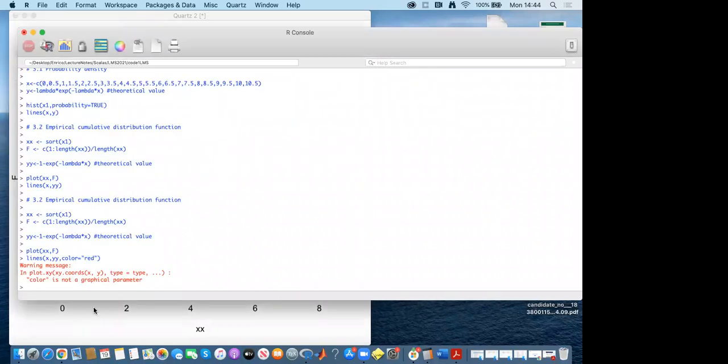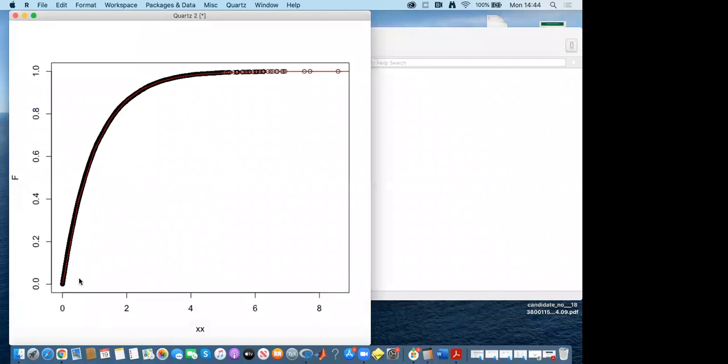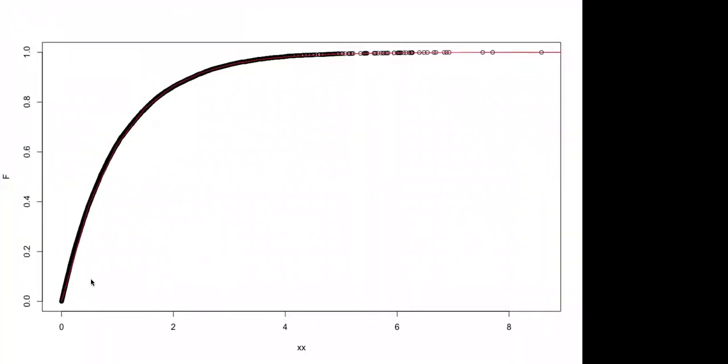Maybe I just write lines x w in col equal red. And let's see if this is not working. I will have to look. No, it is working. And now you see the red line. You can see it better now. It is superimposing quite well with the Monte Carlo simulation.